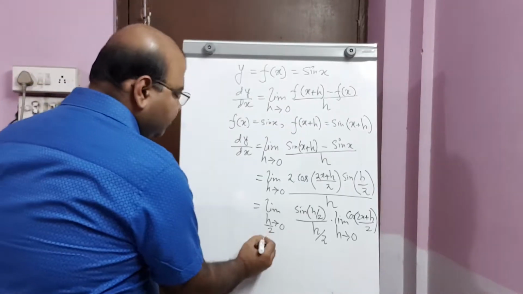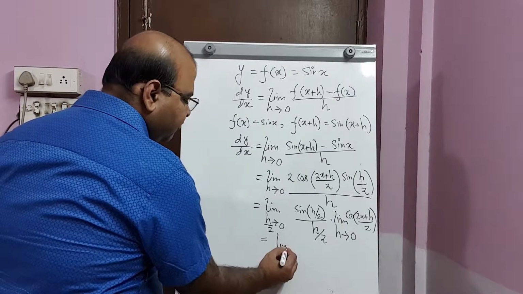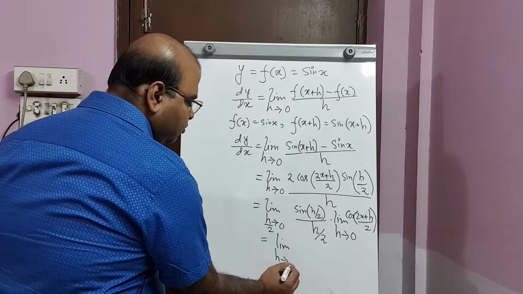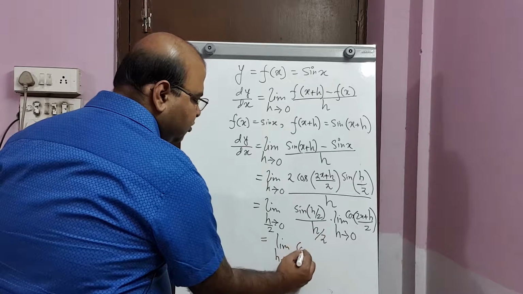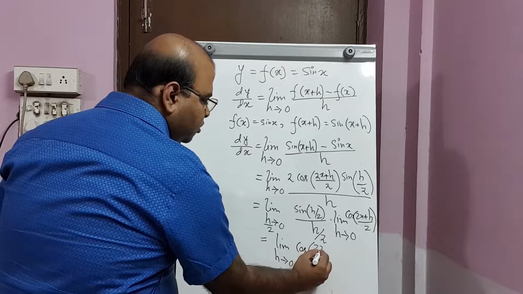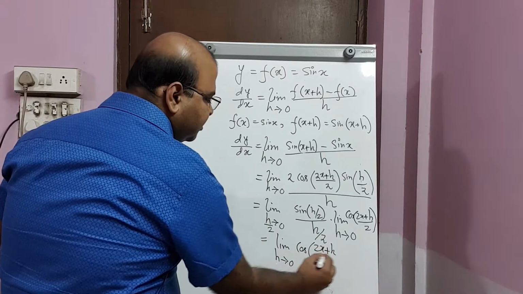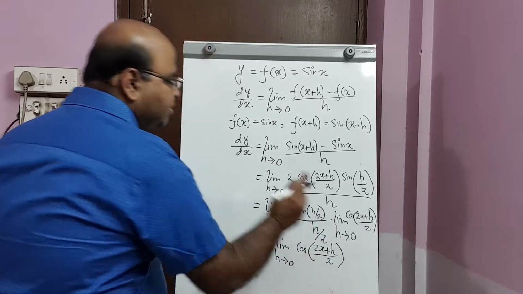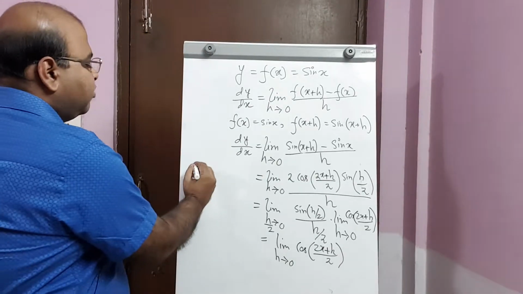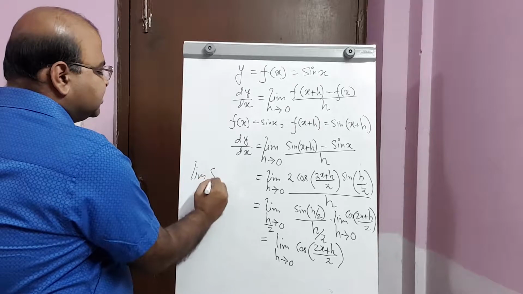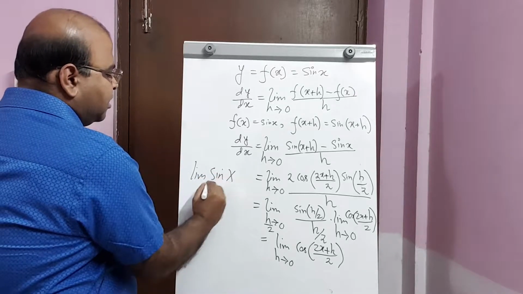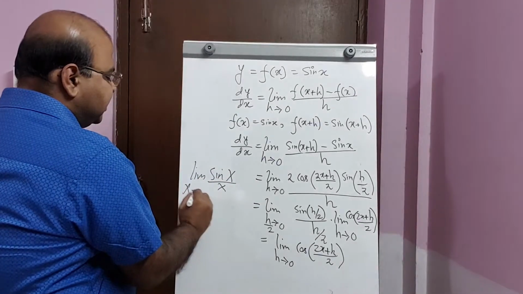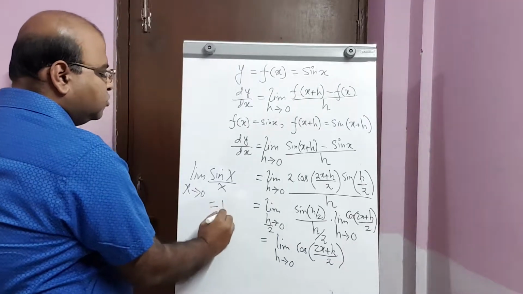So we are left with the limit of h tending to 0, the second limit, that is cos of (2x + h)/2, because the first limit is 1. That is the standard form of limit. Limit of sin x upon x, x tending to 0 is equal to 1.